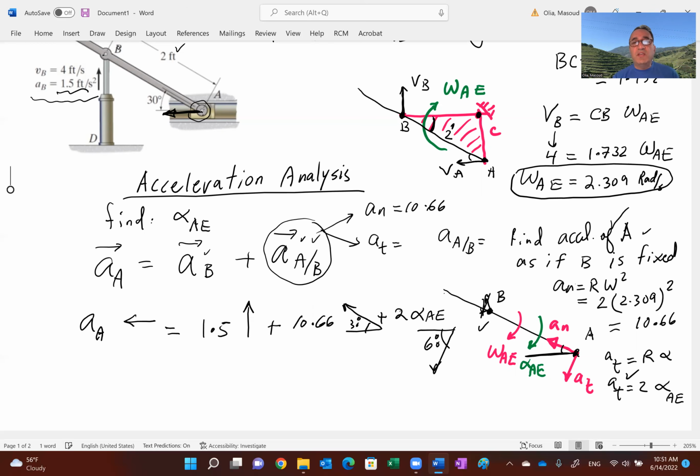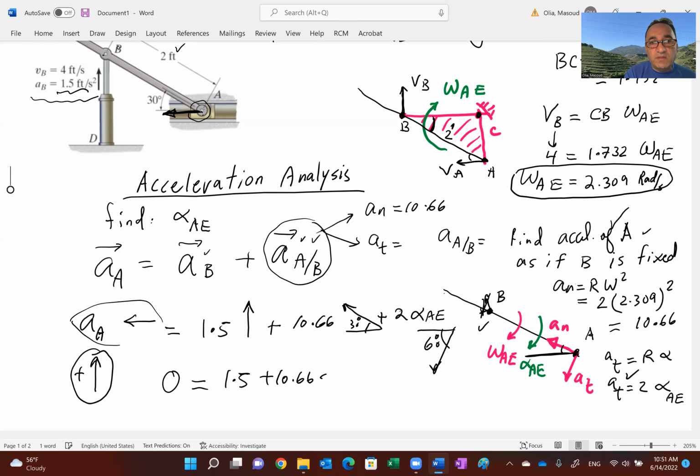So the key is getting what? Alpha AE. So it looks like if we actually just equate the vertical components of both sides, so if we just concentrate and zoom on vertical component, notice that there is no vertical component here. So we have 0 on left-hand side, we have 1.5 up, a 10.66 sine 30 up, and a negative 2 alpha AE sine 60.